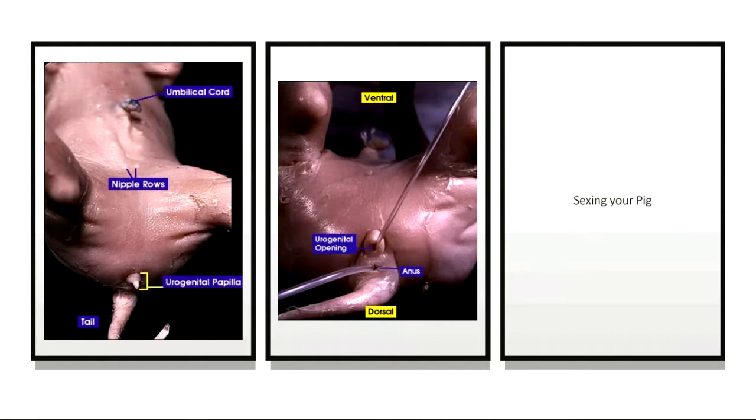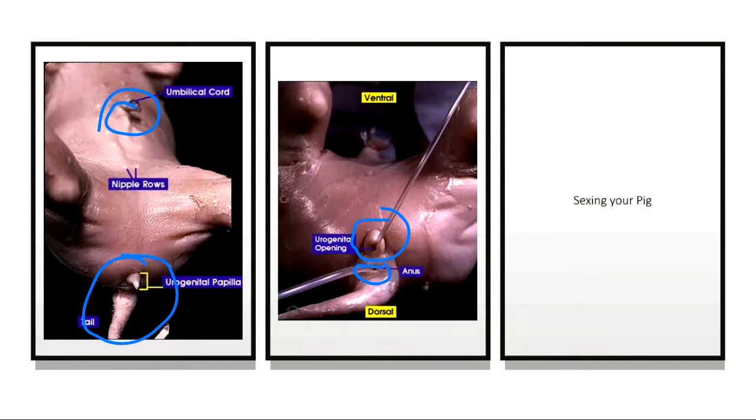Now, if it was a female, there's no genital opening by the umbilical cord. Everything is here by the anus. So it would have the anus, that's one opening, and a urogenital opening right above it, or ventral to the anus. Actually it's below it, because the anus would be higher.